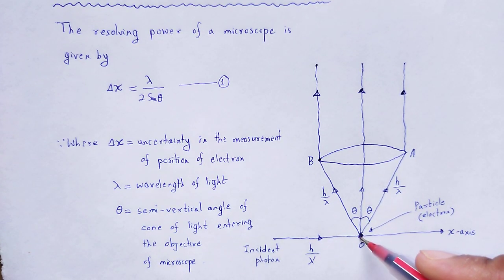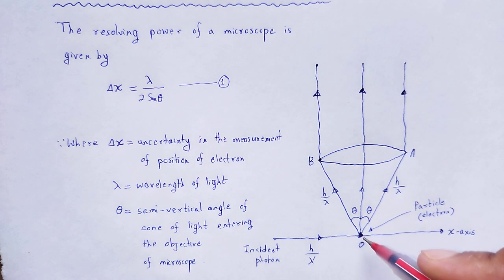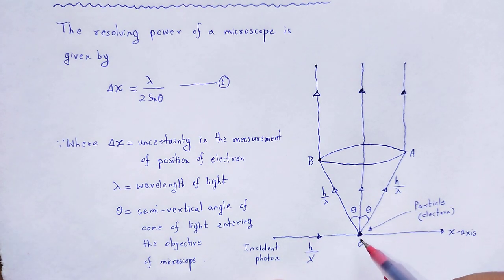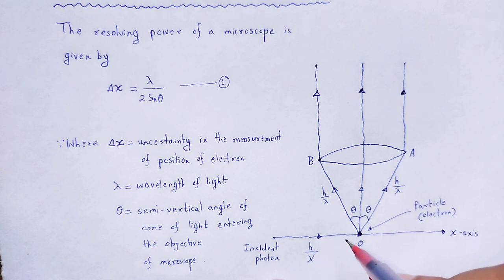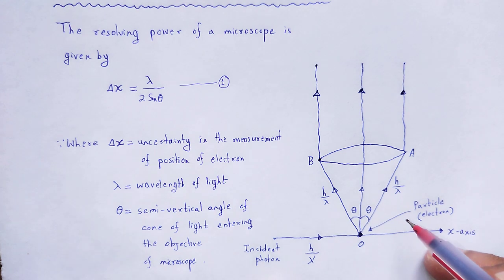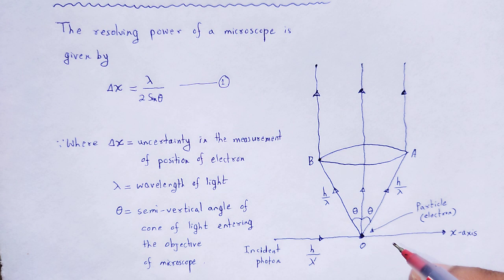This is the electron, we call it a particle, which is at rest at position O, and a gamma ray is incident. Gamma ray is high energy, means E is equal to h nu. The frequency of such a gamma ray is high. High frequency means lower wavelength.